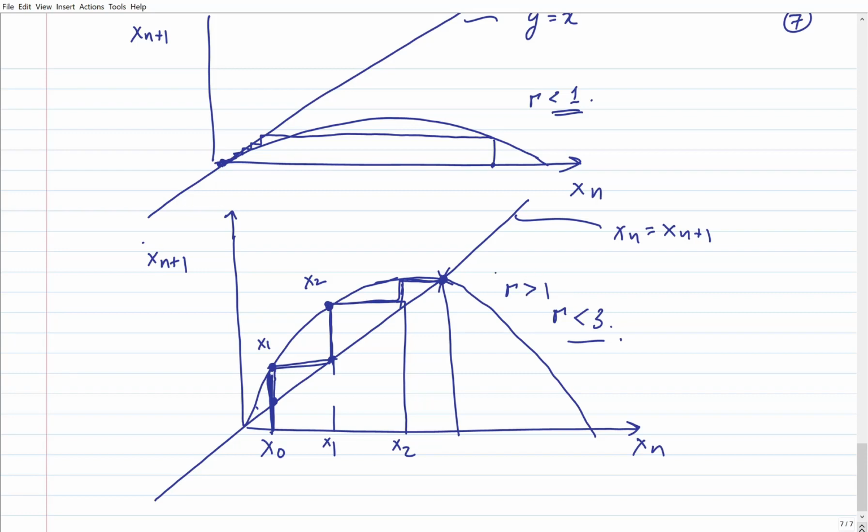So this shows that I asymptotically reach the other fixed point.